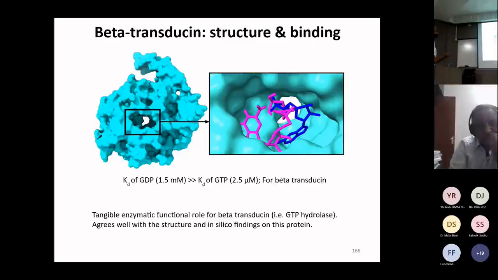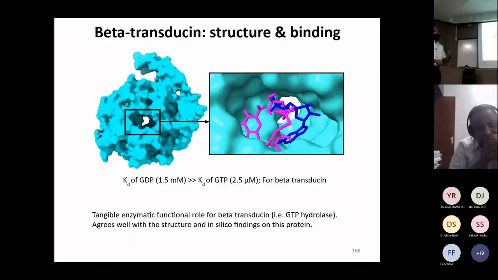It is attacked by this beta-transducin. You see, GTP has a binding of 2.5 micromolar, GDP has 1.5. Beautiful, no? So with simple docking, we are supporting the structure. I predicted this would happen, and I asked my student to check my model, and there it was. Bang on, exactly as per prediction. That's the beauty of the physiological model.